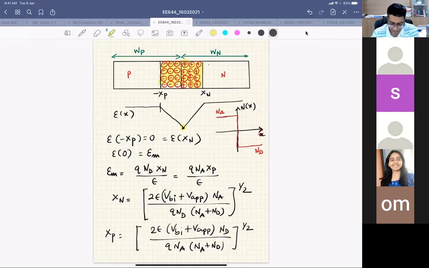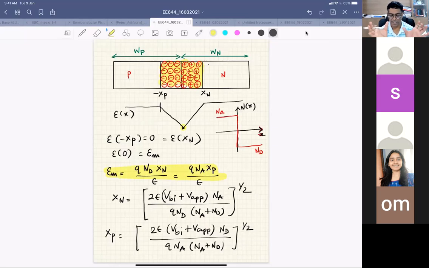The maximum electric field that we derived earlier, EM, at the metallurgical junction, is Q times ND times Xn divided by epsilon.